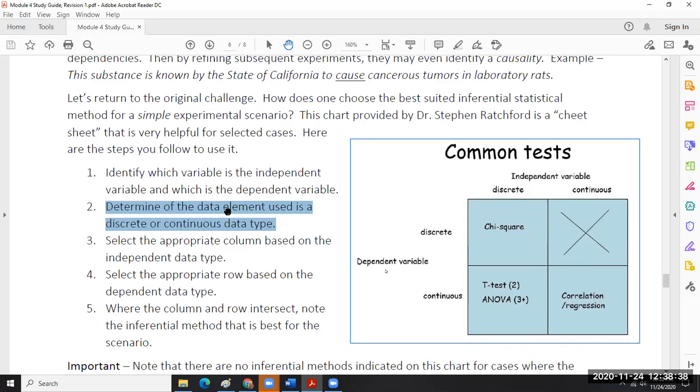You're going to determine, with the independent variable and then with the dependent variable, which type of data, is it discrete or continuous? So step 3, select the appropriate column based on the independent data type.